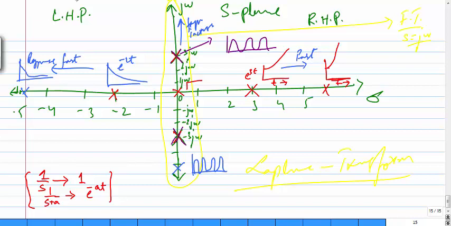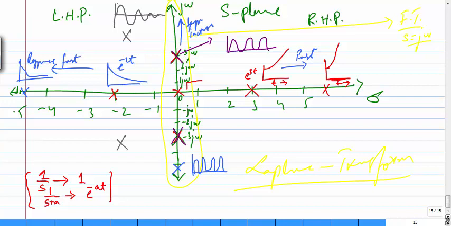Now let's see something important. If we have a pair on the left side, in that case we have a response like this. Because it has a decaying part and also an oscillatory part, it contains two. Because of the decaying, it will start from here and try to decay like this.